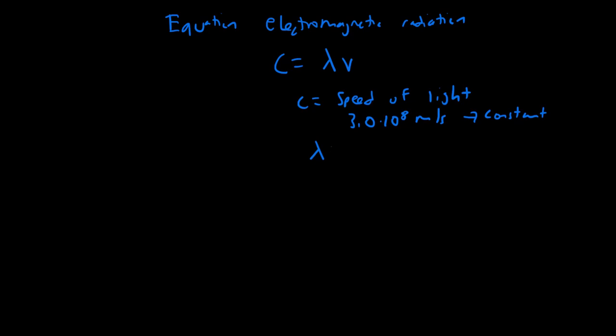This is the symbol lambda, and this is going to be the wavelength. And it's measured in meters, centimeters, and nanometers. This V is the frequency, and this is measured in hertz or 1/seconds.